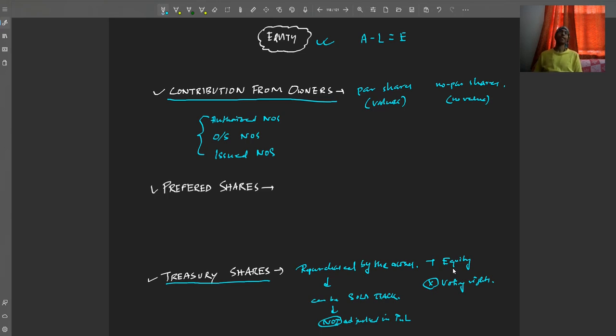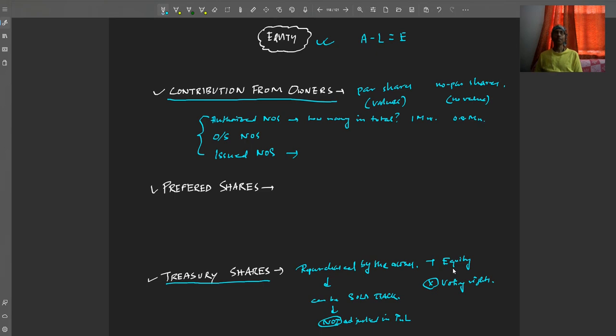Now we come to authorized, outstanding and issued shares. Authorized shares are basically the number of shares a company is authorized to issue. How many in total? This is basically the question. Issued shares: let's say a company is authorized to issue 1 million shares, right? Now, out of that, the company has issued only 0.8 million shares.